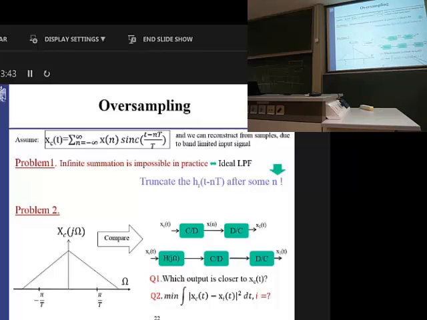Here we have the square, so it's the energy of the error. So the answer is this one. Why? Because assuming that you have an analog signal, like a speech signal, for example, having a spectrum like this.